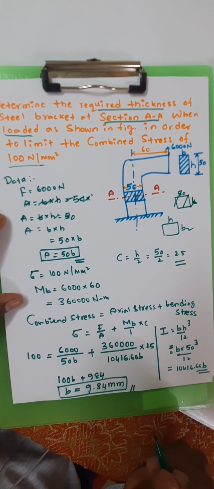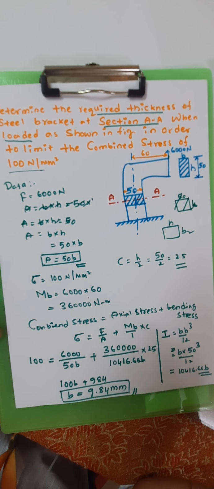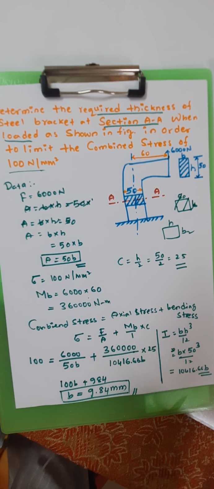So this is the problem based on eccentric loading. Here we need to determine the thickness of a bracket at section AA, with respect to the combined stresses of 100 Newton per mm square. This is the problem.